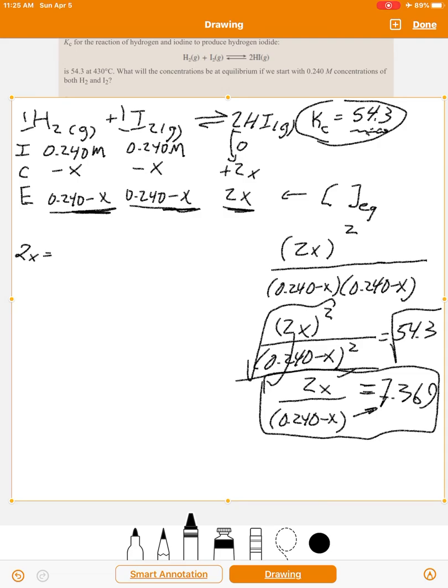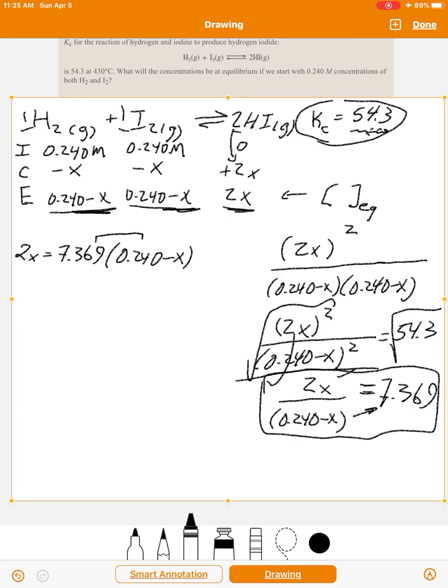2x is the numerator, is going to be equal to 7.369 times 0.240 minus x. I'm going to keep that in parentheses because we're multiplying the entire denominator by 7.369. Now we do what they call distributing.